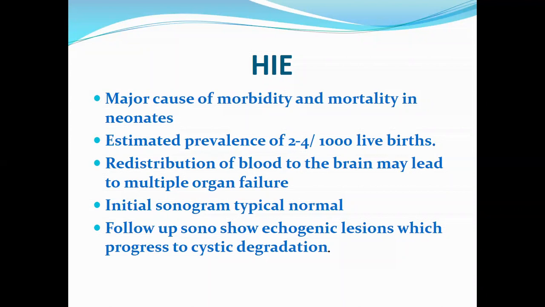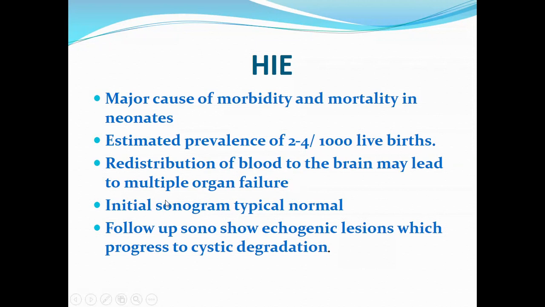It's estimated that 2 to 4 live births will have some form of ischemic encephalopathy. Since the brain is counted by the body as the most important organ, this will lead to multiple organ failure because there will be shunting of blood to the brain.